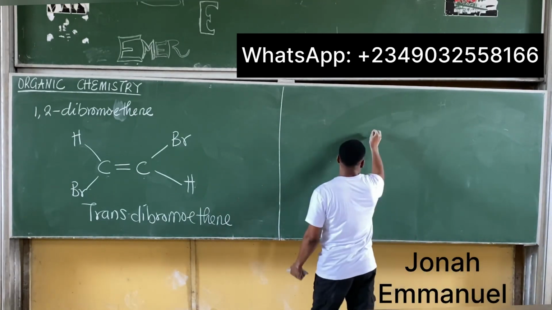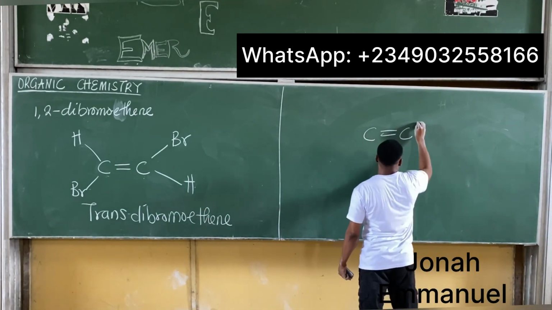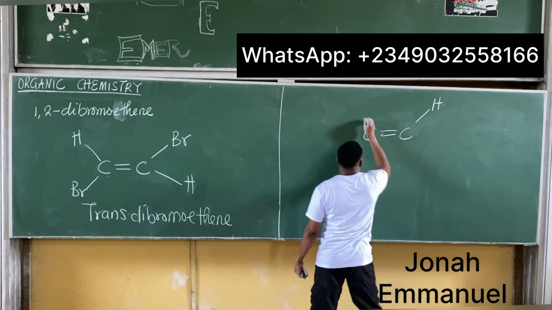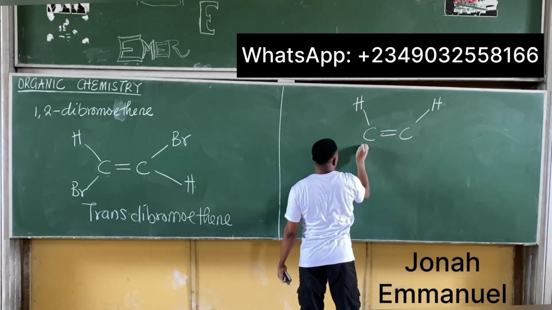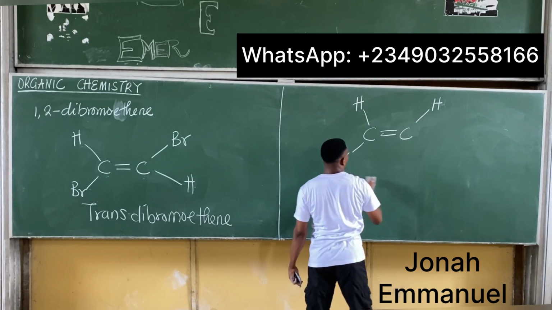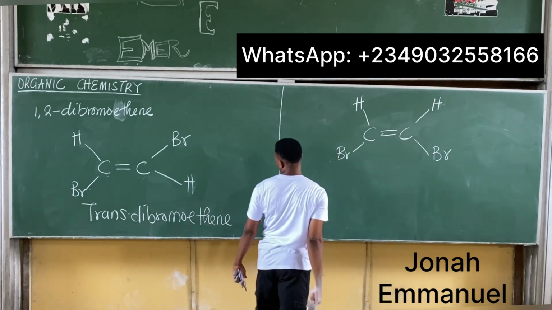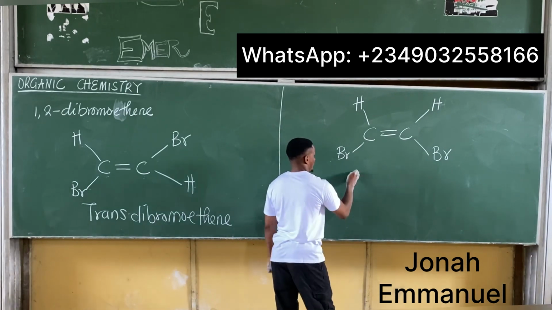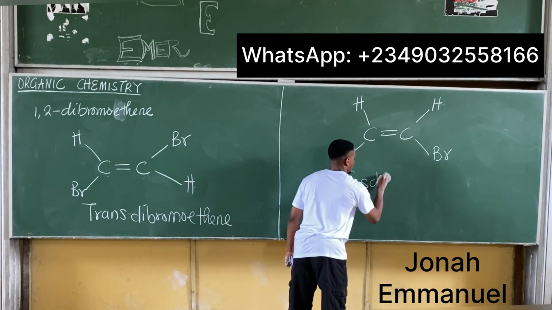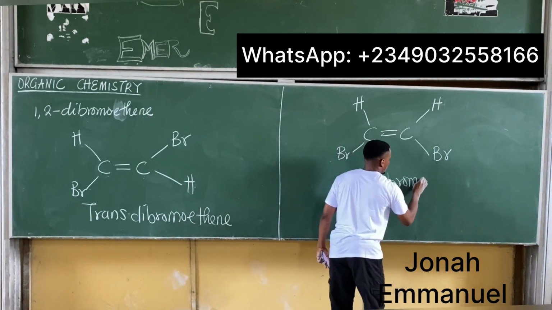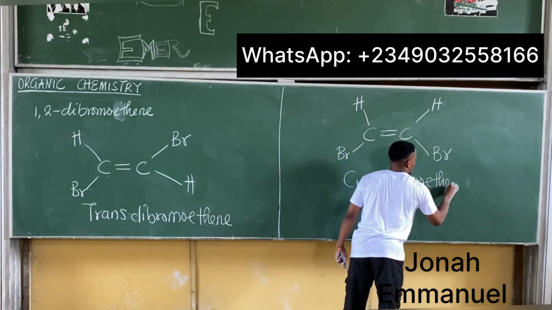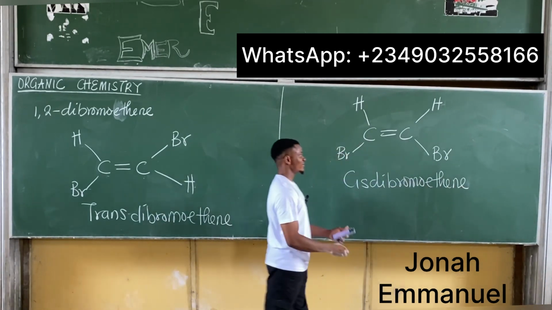For cis, what will it be? C double bond C, I have H, I have H, I have Br, I have Br. So what will this be? Cis dibromo 18. So I'm having this.